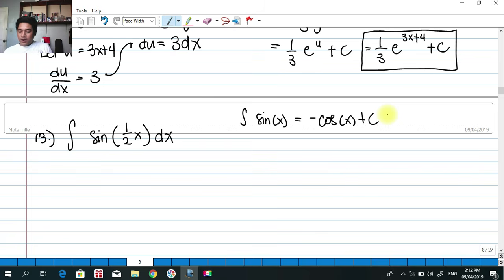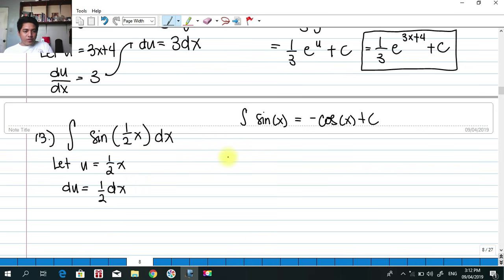We're going to use u substitution again. If we let u equal 1/2 x, then du over dx is simply 1/2, multiplied by dx.